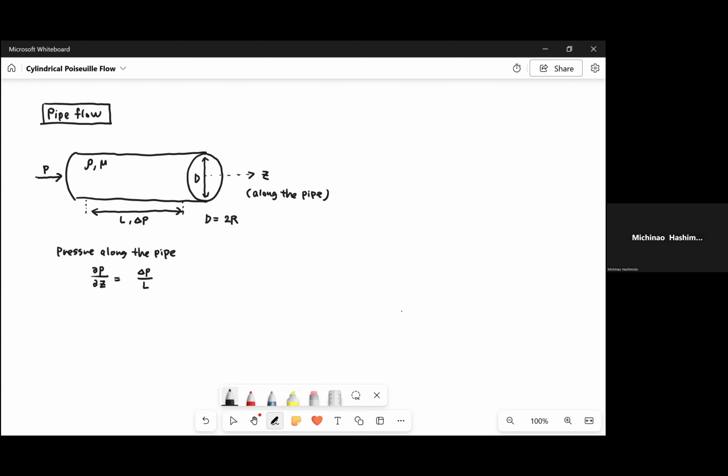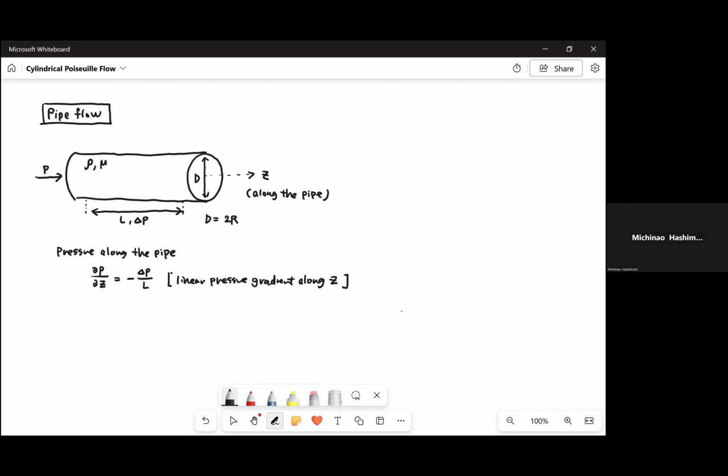It is linearly decreasing, just like other Poiseuille flow. So this is the setup: a linear pressure gradient along the pipe.